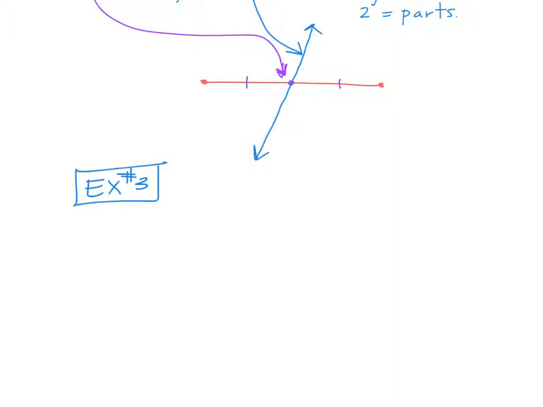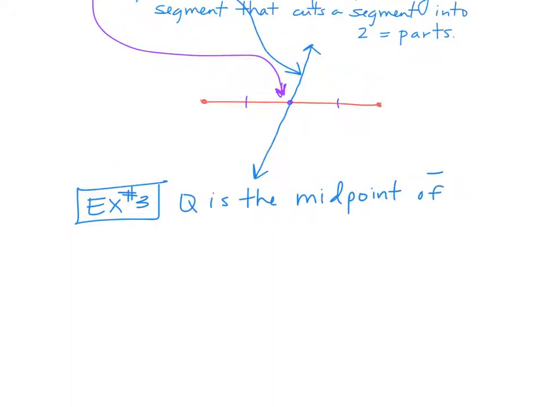And it's going to say Q is the midpoint of segment PR. What are PQ, QR, and PR?